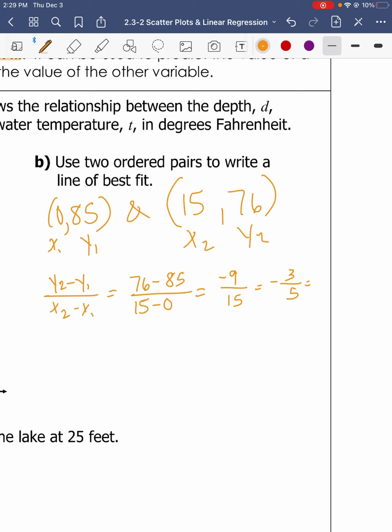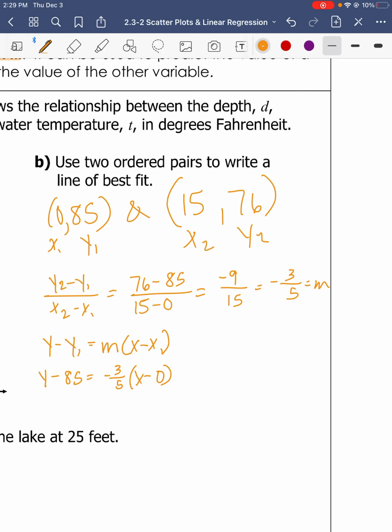Then we can write it using our point-slope formula: y minus y1 equals m times x minus x1. I'm just going to pick the first point because that's easiest. So y minus 85 equals negative 3/5 times x minus 0.